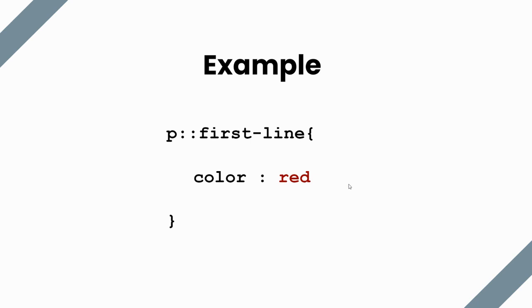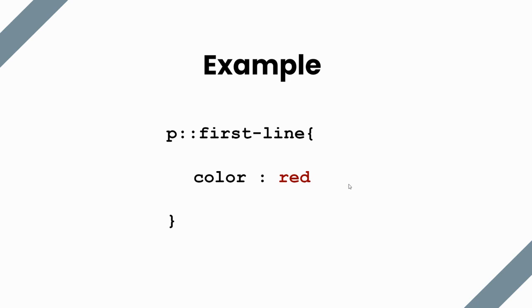What this would do on VS Code is that the moment we render a paragraph element that has a text that is more than the first line of the screen, which by that we all know that it would overflow to the second line and third line and so on, this would only affect just the first line. So you would only have the color of the text of the first line in red, and for the rest they would retain the default color, which is black. So we'll be seeing all of this on VS Code.